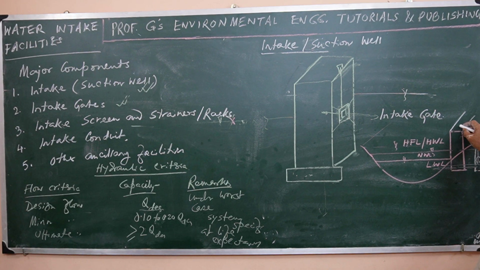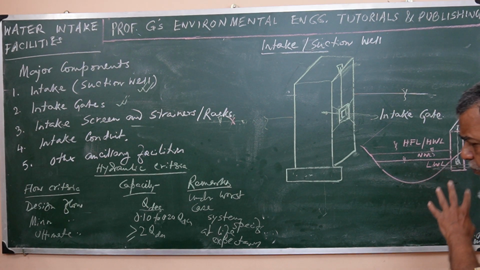There the pump arrangements are made, and from here this will be your pumping. So this is a low lift pump that is used. I will discuss in more detail later.